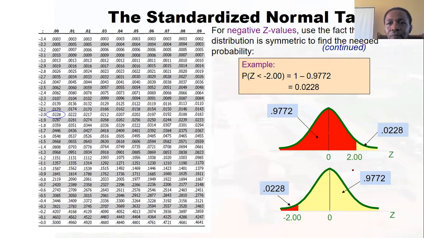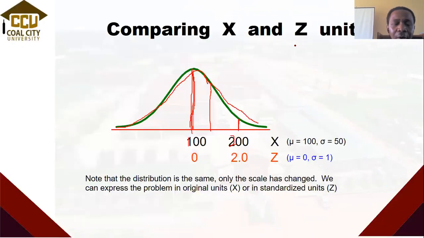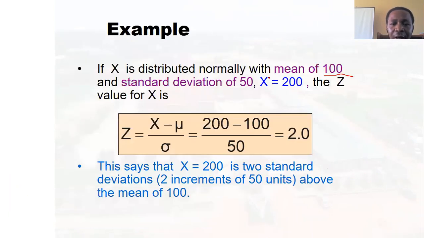So when you're asked to look for x equal to 200, when you've been given the mean as 100 and the standard deviation as 50, just simply substitute. This is your formula. You substitute 200, which is the value of x, minus 100, which is your mean, divided by 50, your standard deviation, which will give you 2.